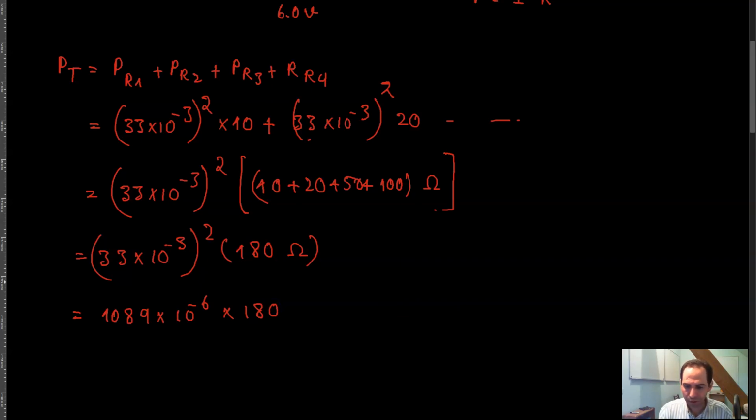and 1089 times 180 is equal to 196,020 times 10 raised to the power negative 6, which is the same thing as 0.196020 watts.